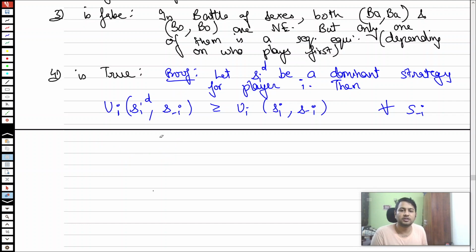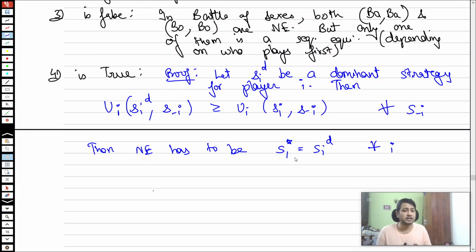So then, what is the definition of a Nash equilibrium? Then the Nash equilibrium has to be Si star equals Si^D for all i.